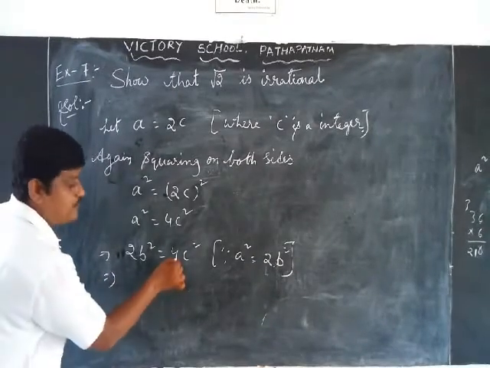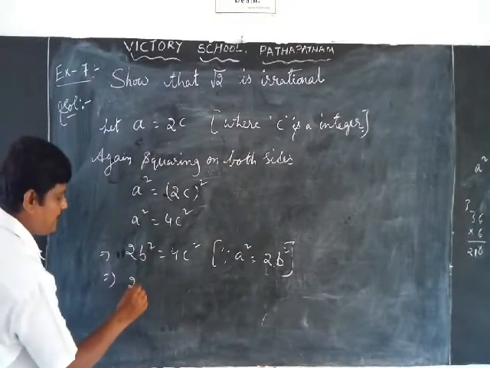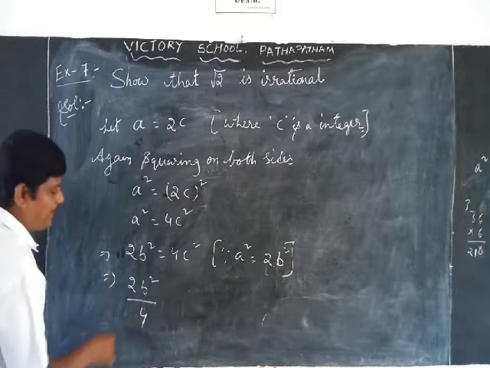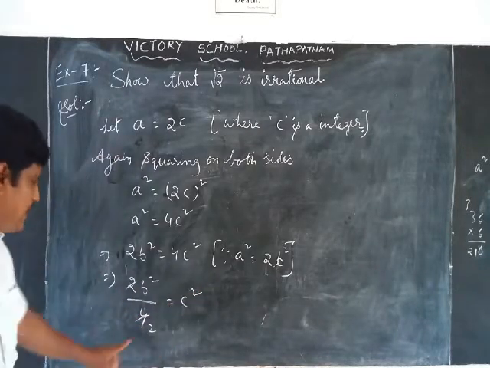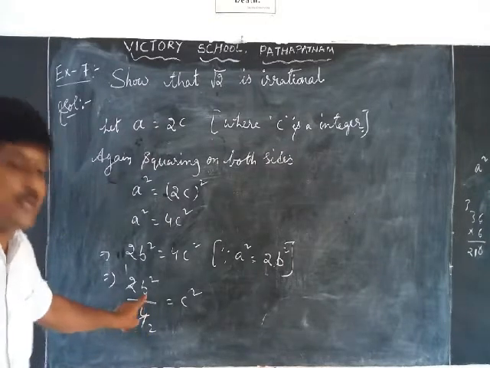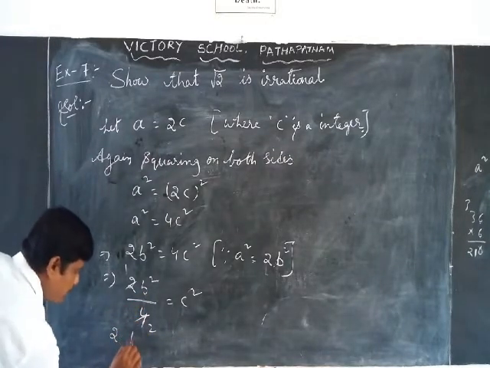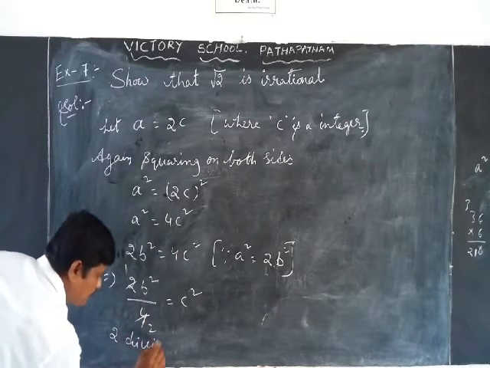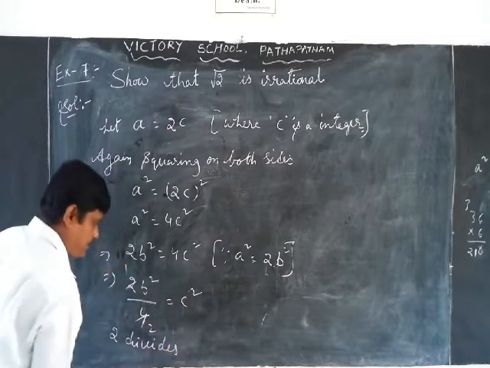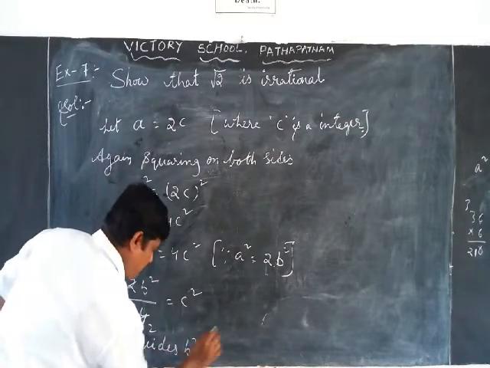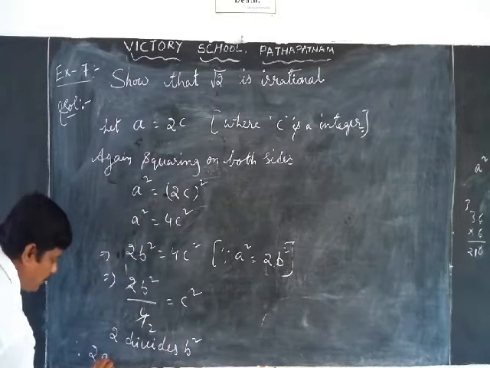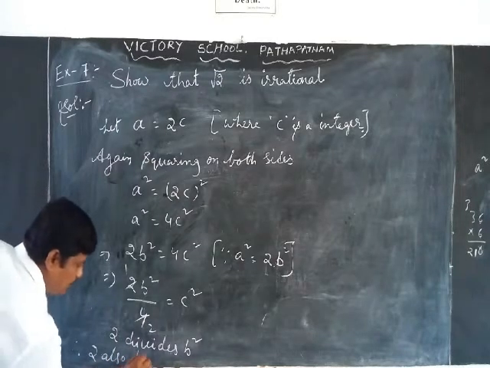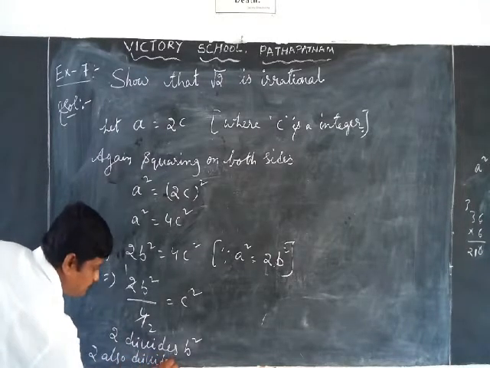Here 4 is multiplied, so it goes to the left-hand side divided. 2 ones are 2, 2 twos are 4. So this 2 divides b square. Therefore 2 also divides b.